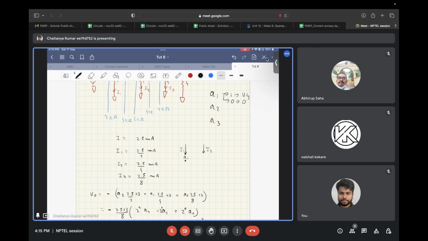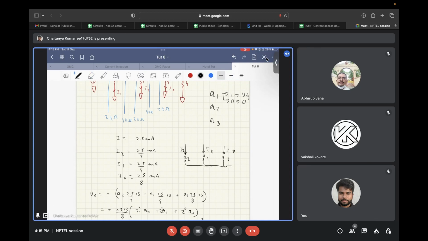This is the I2 flowing, and here you have A2. Similarly, this is I3, and here you have, sorry, I2, I1, I0. This was the nomenclature that I used earlier. Let's stick to that: A2, A1, A0.